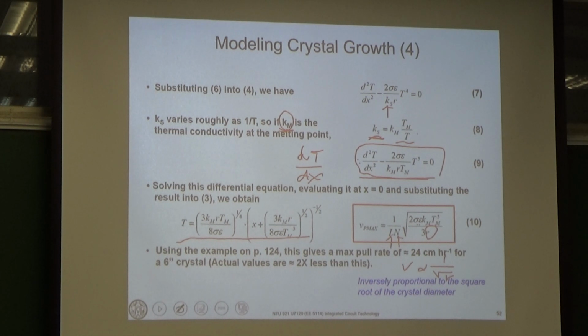You have to pull it slowly. You can very easily imagine that. When you want the diameter of your substrate smaller, then you have to pull faster, right? So here we just use some physical model to quantitatively describe this number.